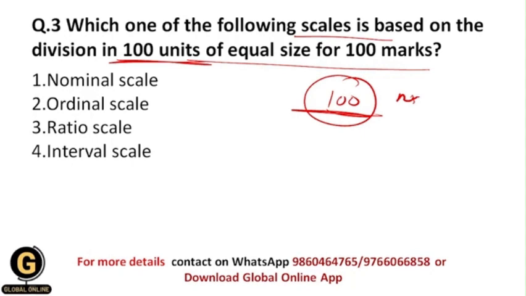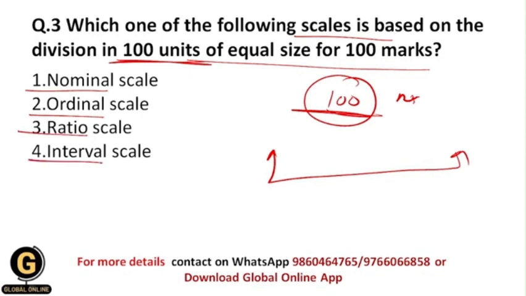So what scale is exactly based on this? Whether it is nominal scale, ordinal scale, ratio scale or interval scale. Okay, so students, I have told you exactly what is nominal scale, what is ordinal, and what is ratio and interval scale. So your correct answer for this question is 4, that is interval scale.